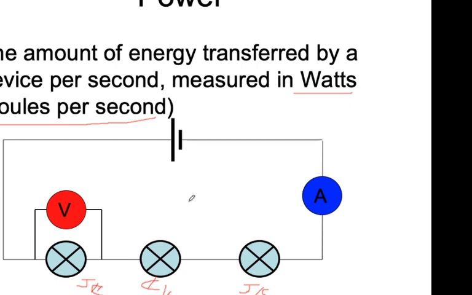So in order to calculate the power of a circuit, we need to know the voltage across the entire circuit, right, or a portion of it. If you're looking for the power of this lamp, we would just find the voltage across this lamp and the current across that lamp, and we'd get a power by multiplying voltage and current in watts or joules per second.